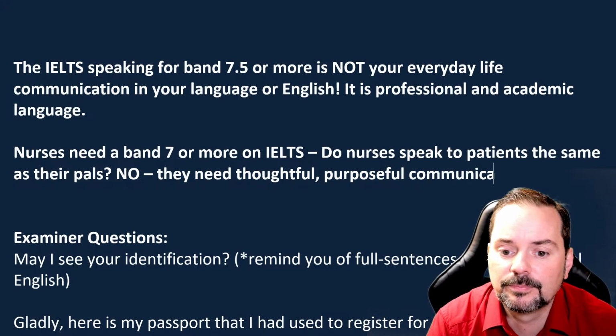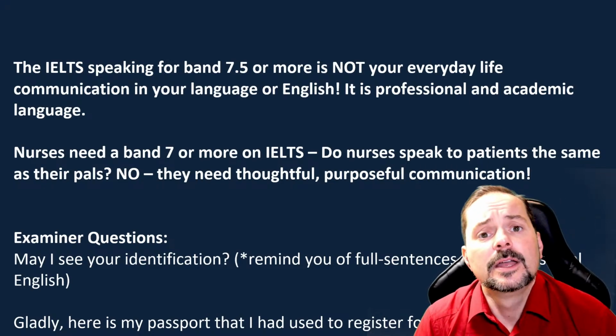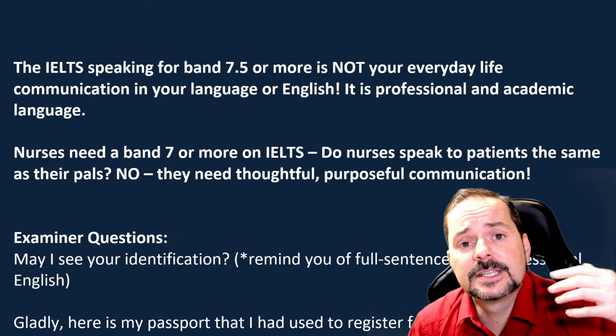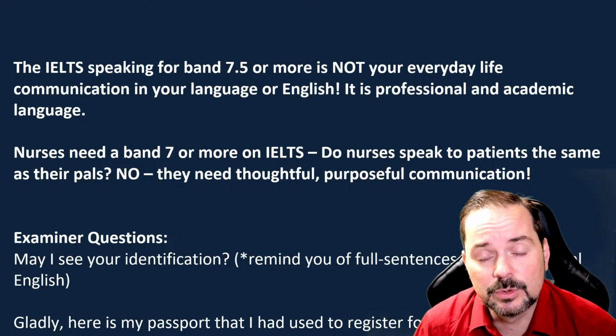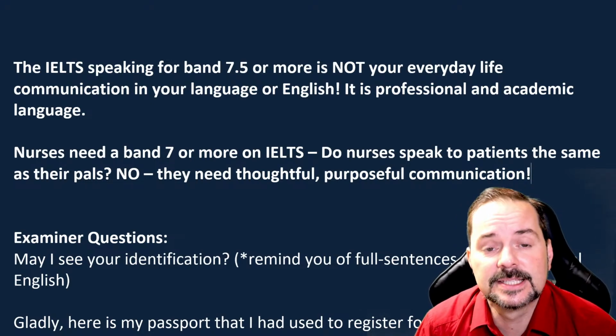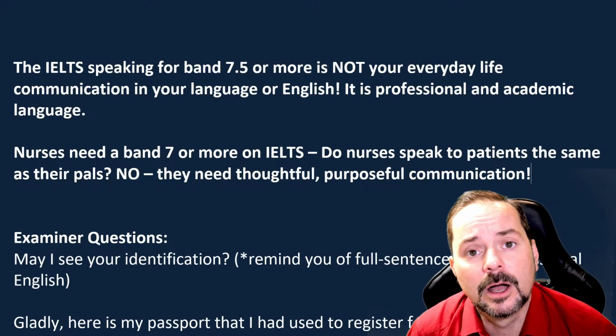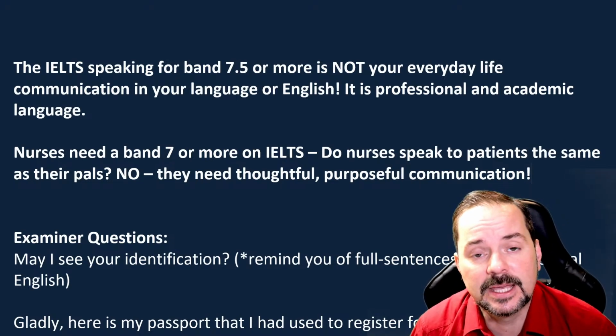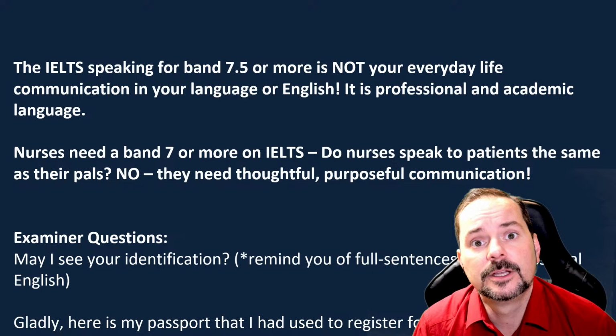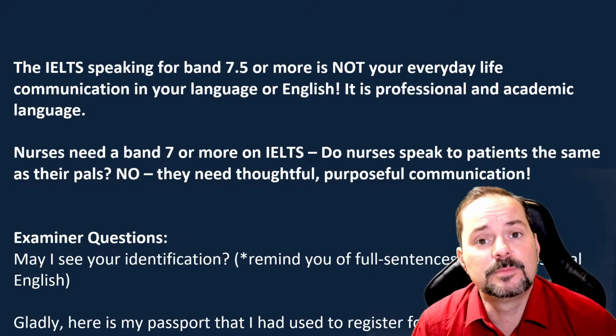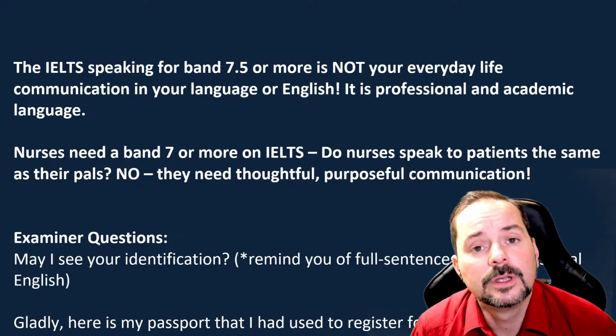Okay? Again, everybody, keep in mind, IELTS is not an English as a second language test. It's an English proficiency exam. It's used for professional jobs. It's used for graduate school, master's, PhD. You don't talk in these situations with people like you do in everyday life.